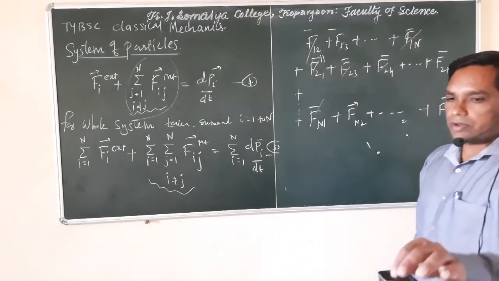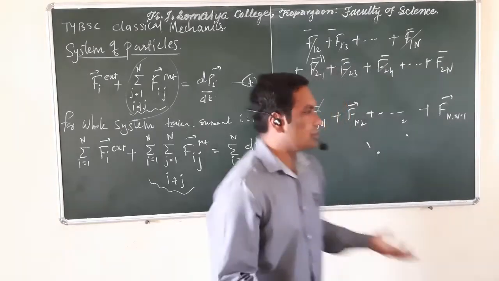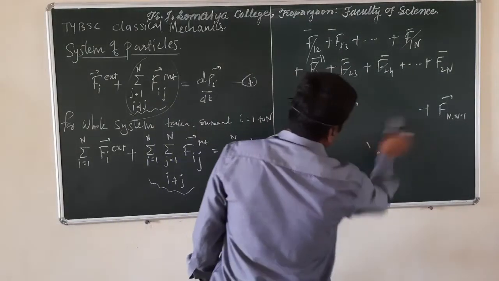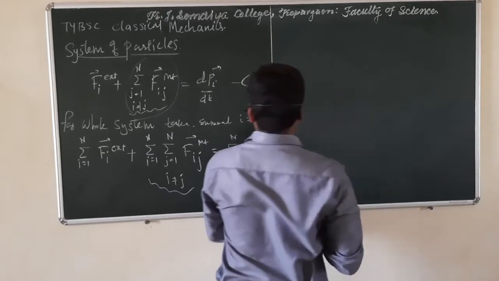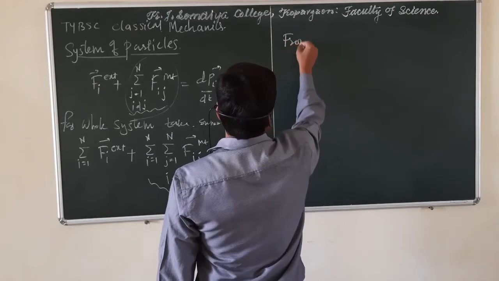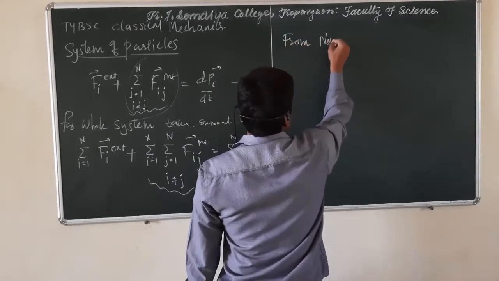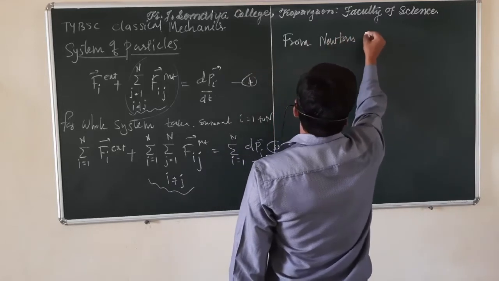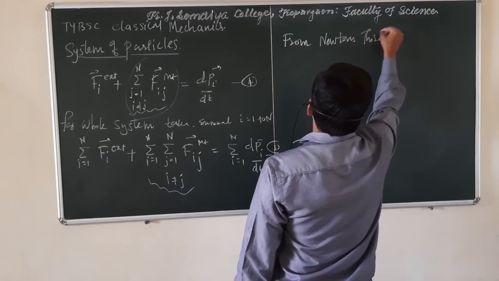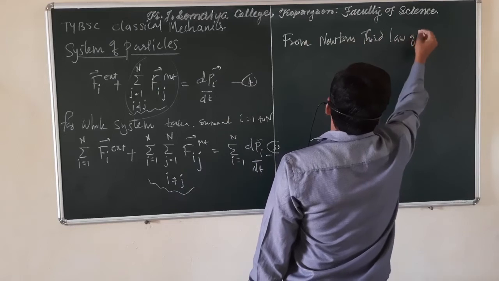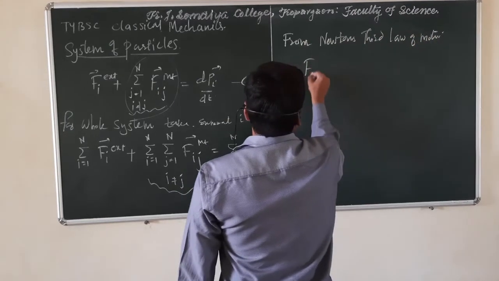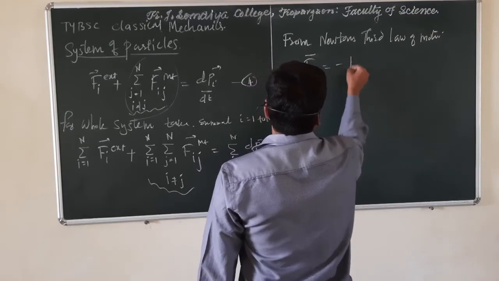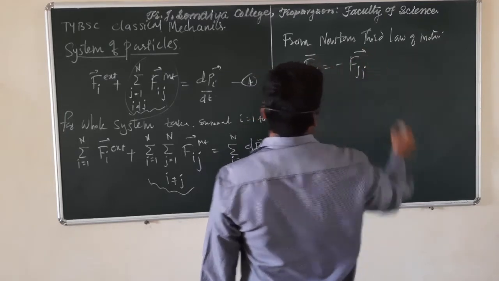So from Newton's third law of motion, in general words, we can say Fij is minus Fji.